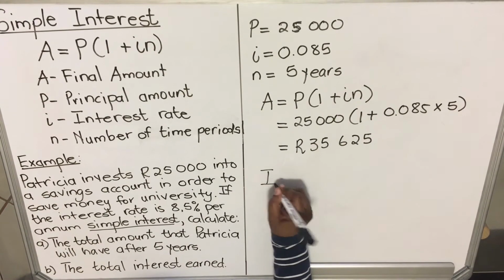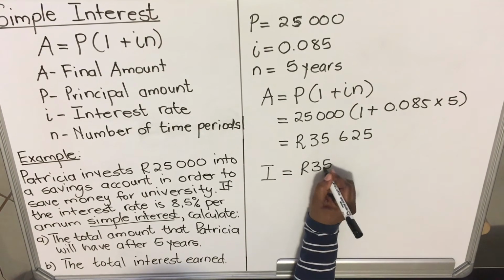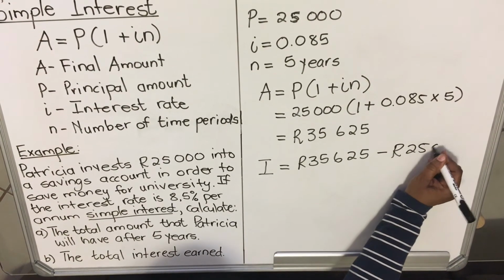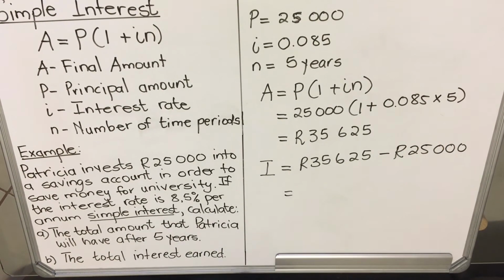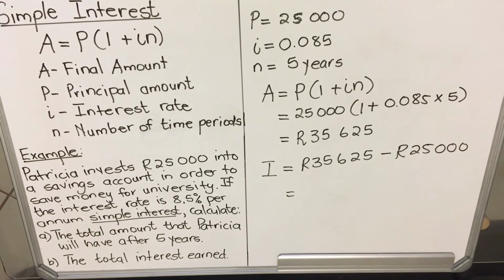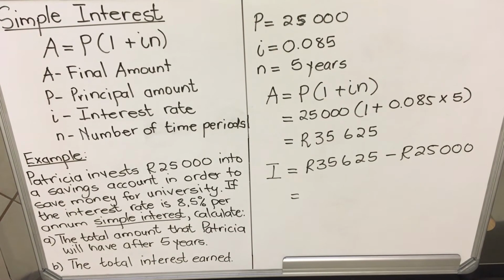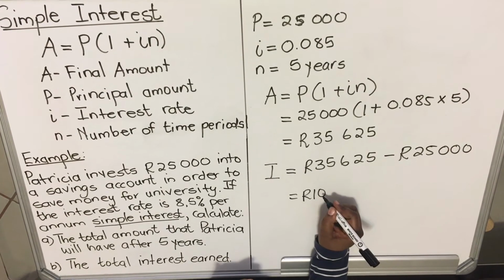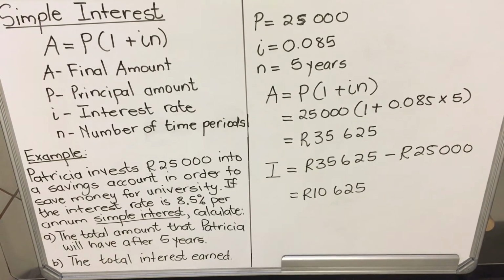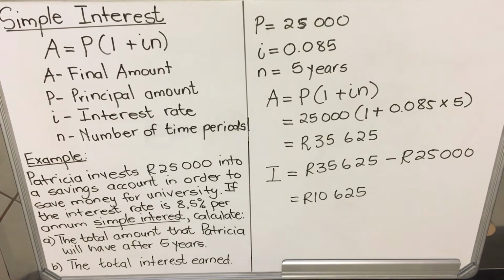So the interest is capital letter I. She ended up with 35,625, but she invested 25,000. So the extra amount that she has earned is 35,625 minus 25,000. The interest is 10,625. This is the extra amount that she wouldn't have got if she had kept her money at home. That is called the interest.